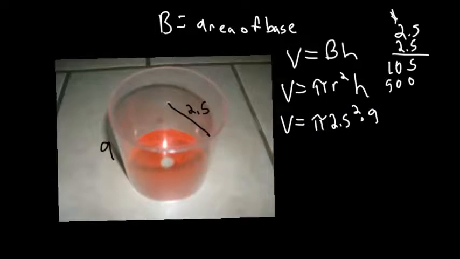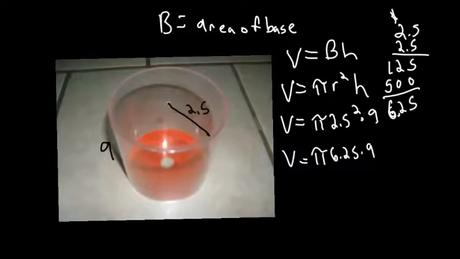I wrote that wrong, it should have been 12. So add this up, I get 625. I had 2 digits behind the decimal in my problem, so I need 2 in my answer. So I get volume equals pi times 6 and 25 hundredths times 9.